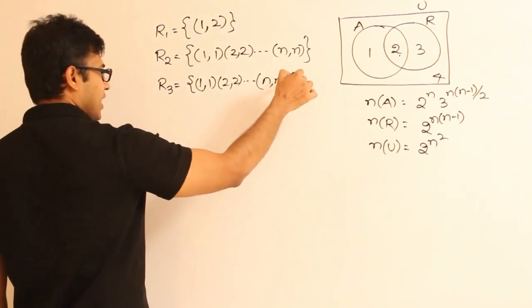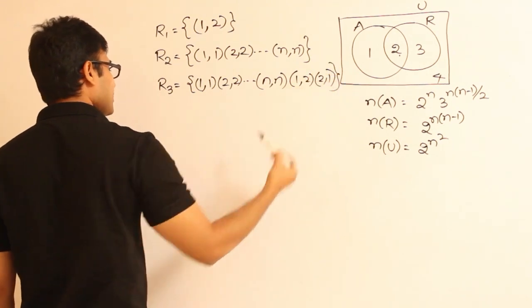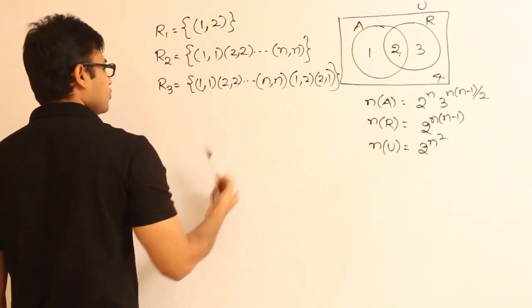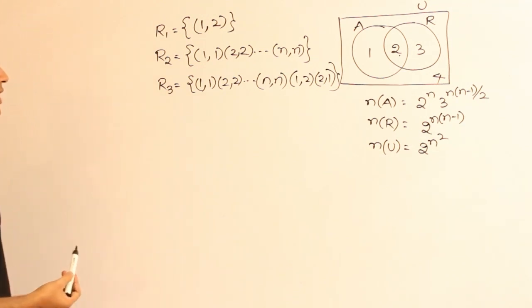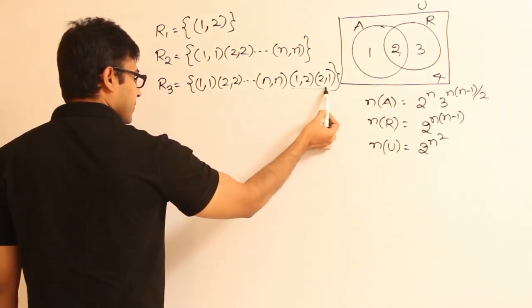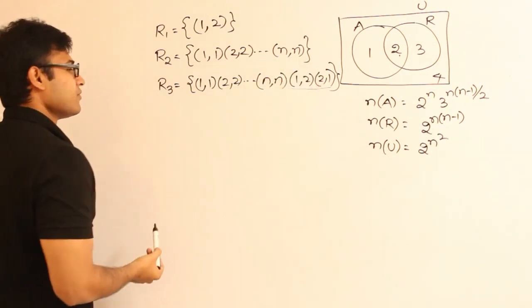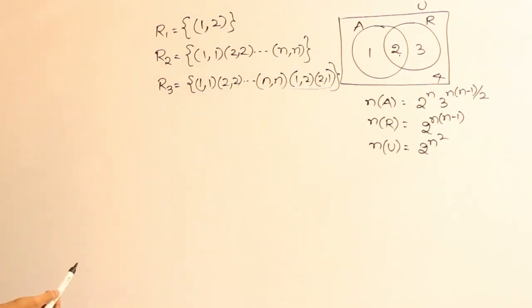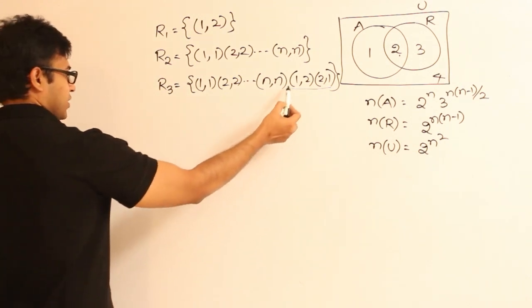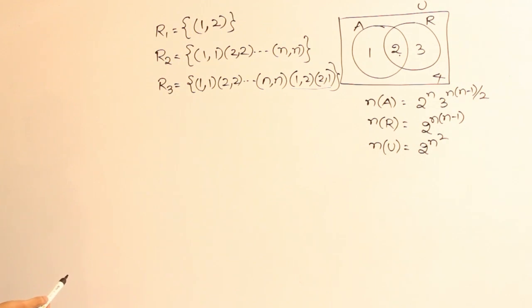So I'll add 2 elements, of type x comma y and y comma x, because of these two we are not going to have a relation which is antisymmetric. It will violate the principle: x comma y and y comma x both should not be present in an antisymmetric relation. So R1, R2, R3 are justified.